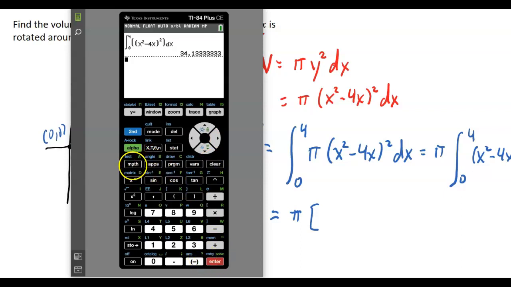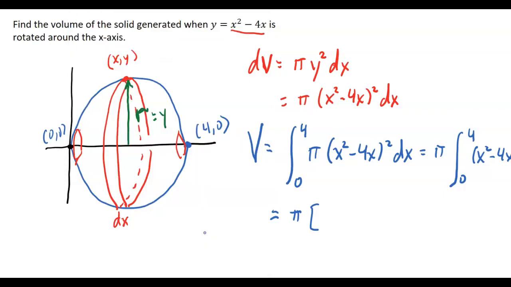And if I want to get a fraction, I can hit math, convert to fraction, and it's 512 over 15 pi.